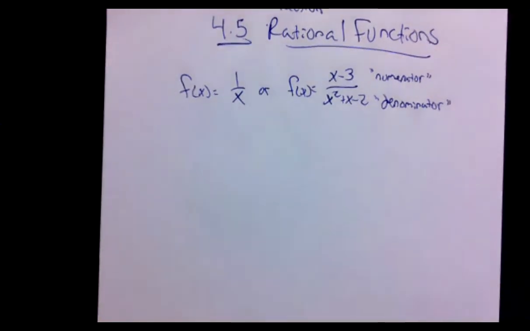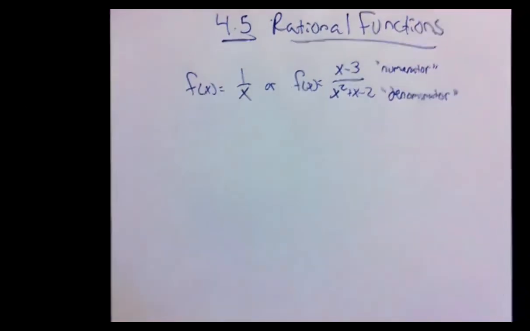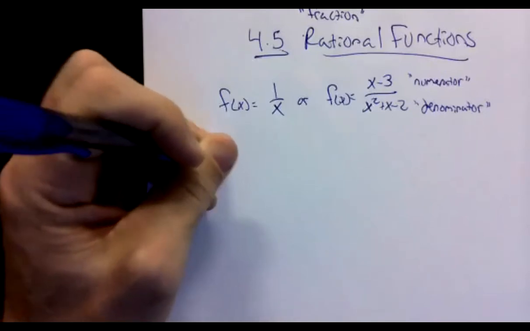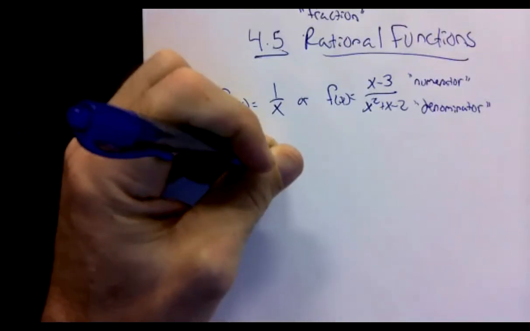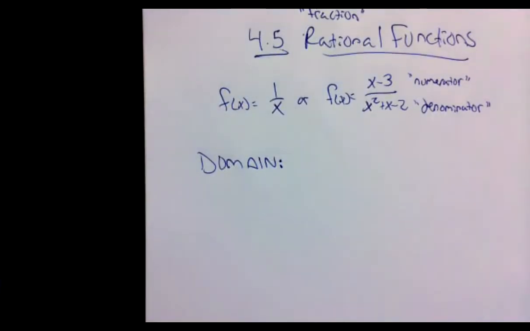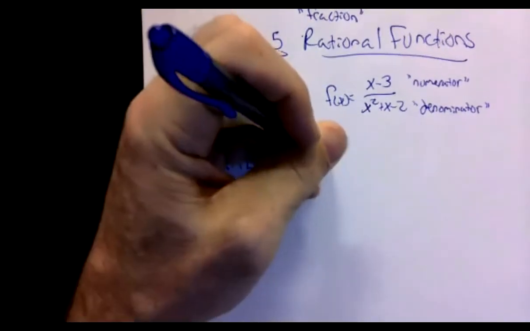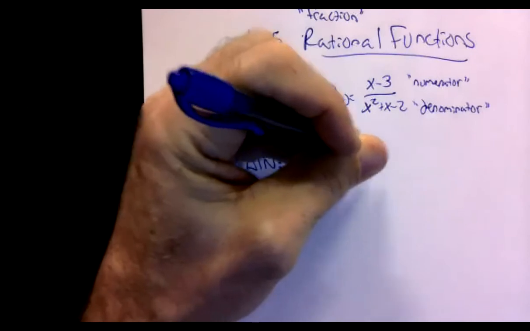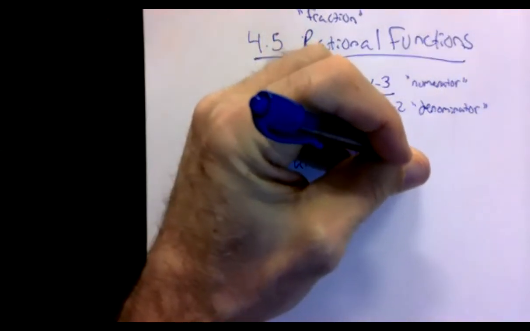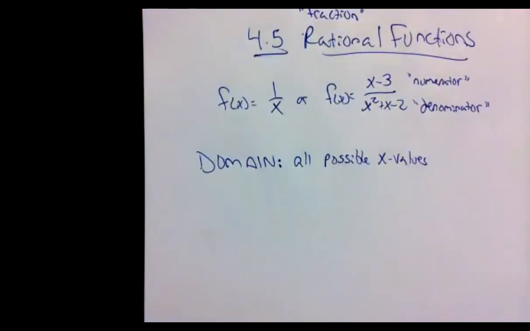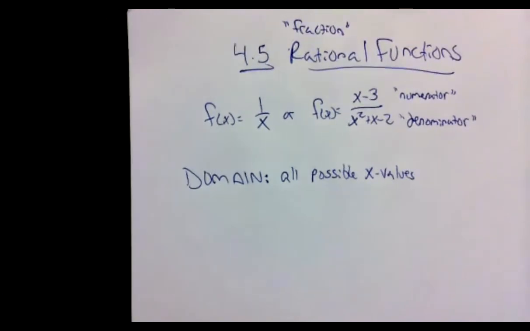Something we've already kind of talked about is going to get revisited, and that's the idea of the domain of a function. Remember, your domain is all possible x values, or your inputs. It's basically anything your x can be.